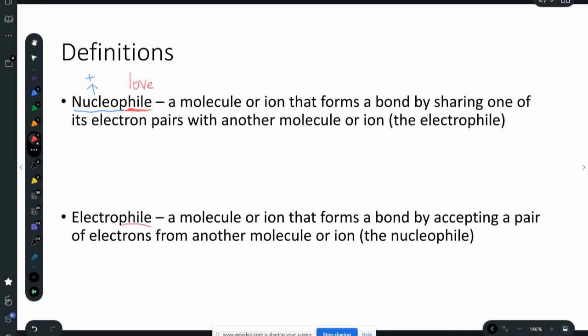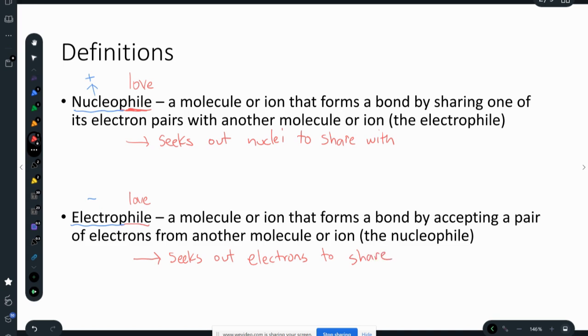So it loves negative charges. So a nucleophile seeks out nuclei to share with. An electrophile seeks out electrons to share.